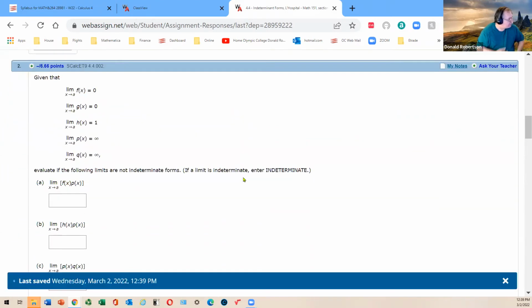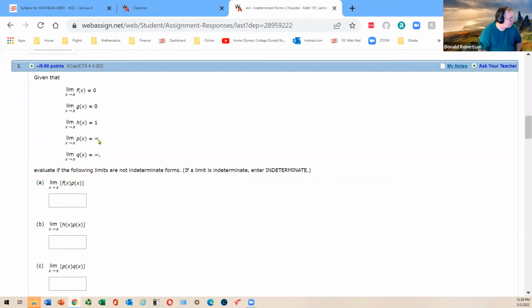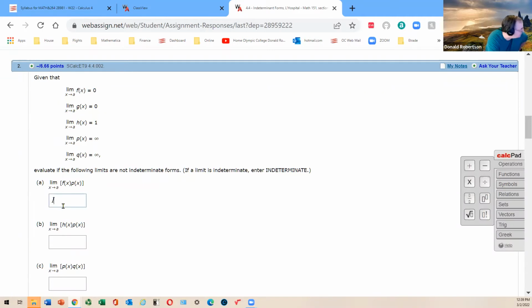Right, here's another bunch of them. Couple of them are zeros, F and G. Couple of them are infinities, P and Q. And H has got a limit of 1. So this first one would be P times Q. Would you agree 0 times infinity is indeterminate? 0 multiplied by infinity, indeterminate.